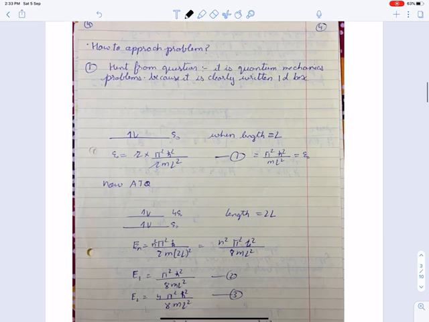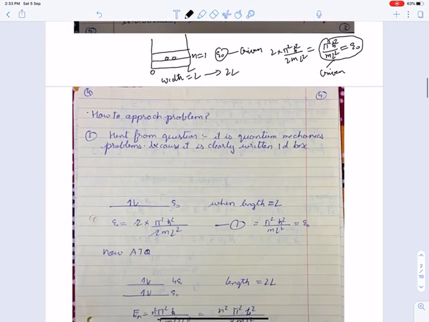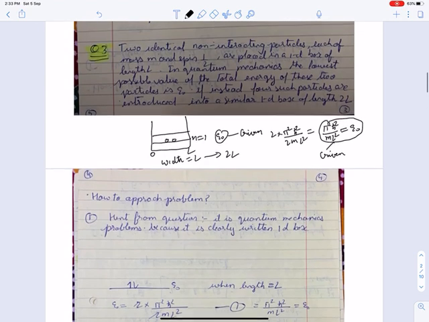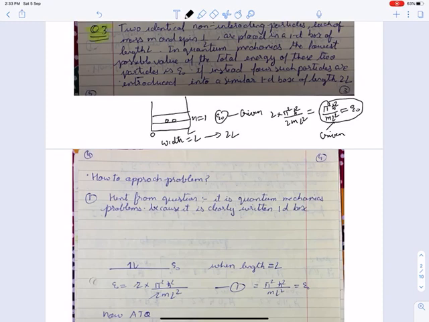Now the width changes to 2L. So after changing the length to 2L, my formula will become E is equal to n square pi square h cut square upon 2m into 2L whole square.